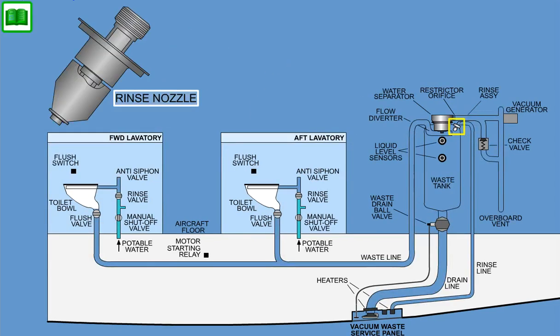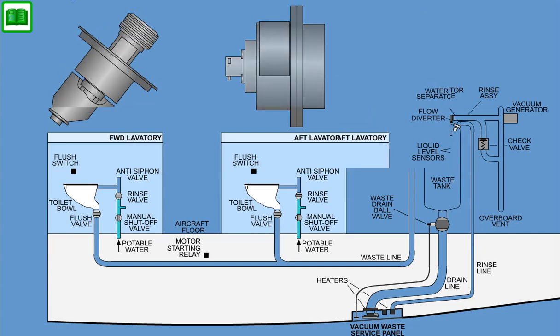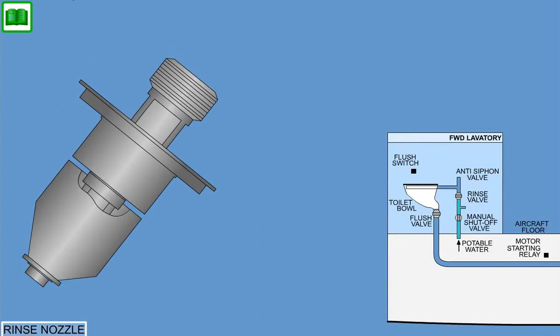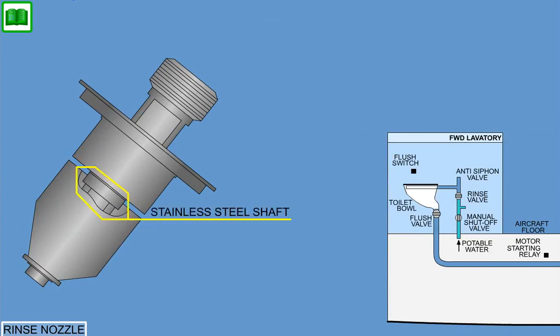A rotating rinse nozzle is installed in the waste tank to achieve optimum cleaning of the interior of the tank, especially the level sensors. The spinning rinse nozzle uses the principle of a water bearing. Water pressure acts as a lubricant between the rotating nozzle and the stainless steel shaft, allowing free rotation of the nozzle.